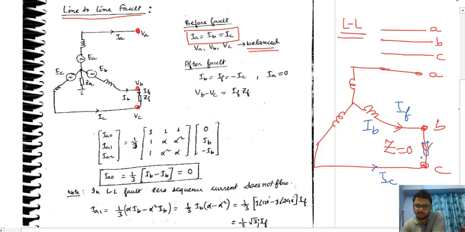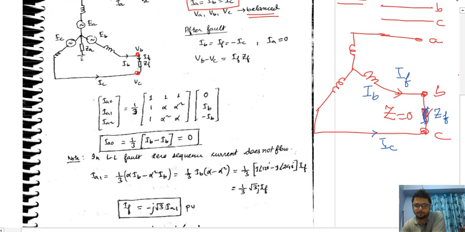Now, this is connected, which means a fault occurs between these two. Let the path for the fault be ZF, the fault impedance. IB is flowing like this and IC is flowing like this. That means IB is equal to minus IC.